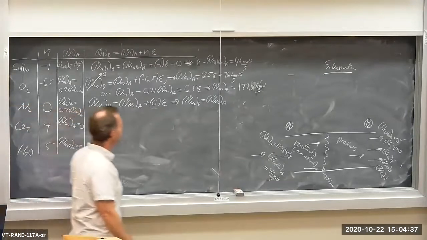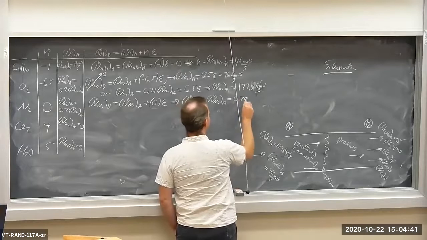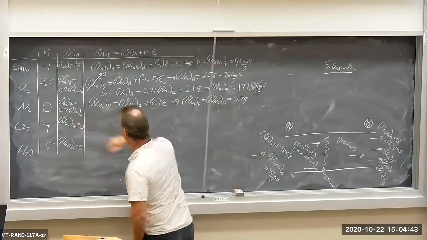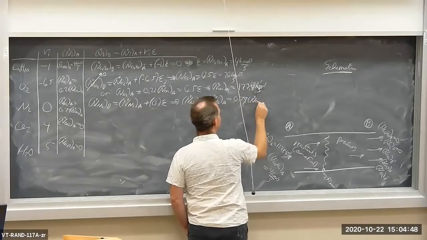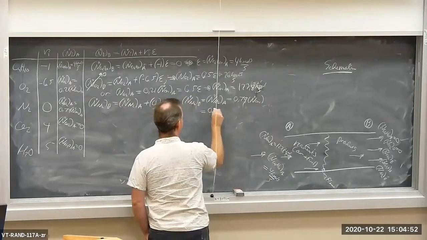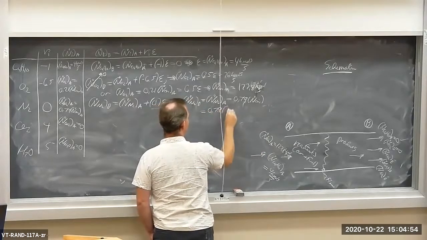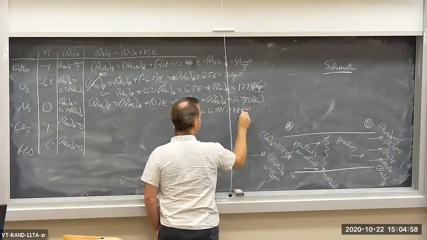And again, I can calculate this here. This is 0.79 N dot air, which is equal to 0.79 times 123.8 kilomoles per second.